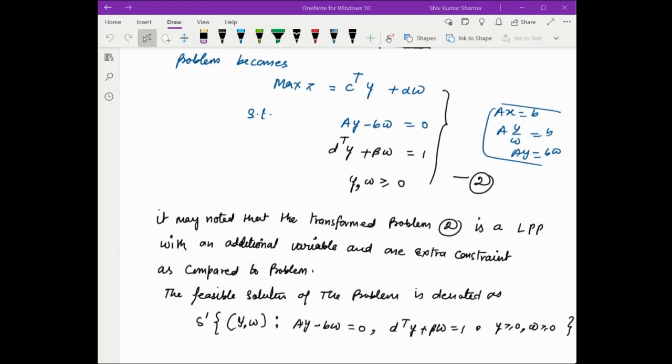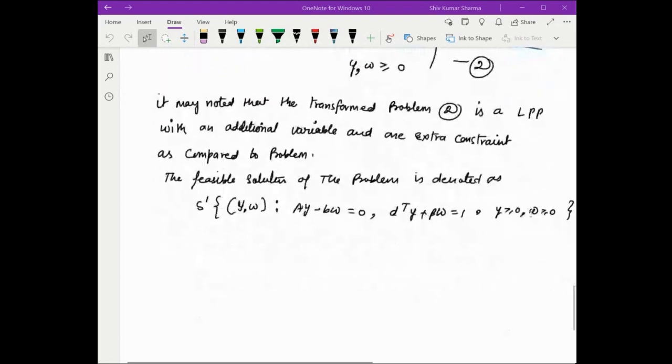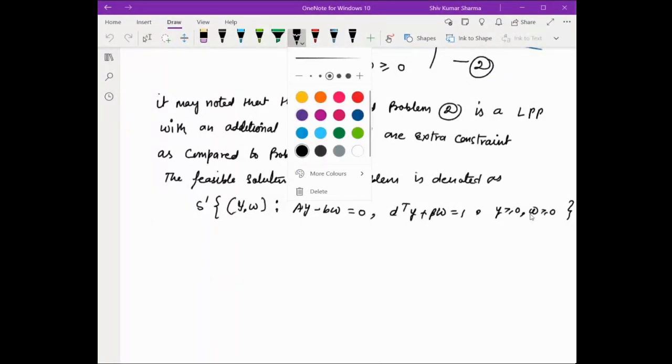Ankita, Bhavna. Okay. Now we start the question.